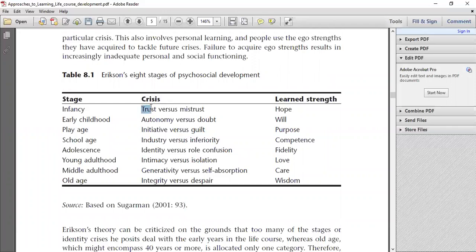So if the person develops that, fine, but if something happens, there is a crisis, and the person cannot develop trust, the person is going to develop this attribute, which is mistrusting everyone around him or her. Now, this mistrust will move into early childhood as doubt. The person will doubt everyone around him.